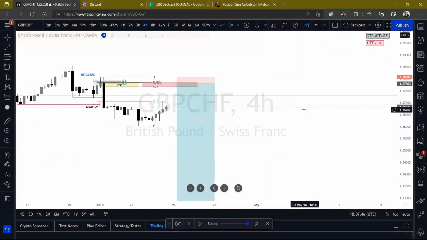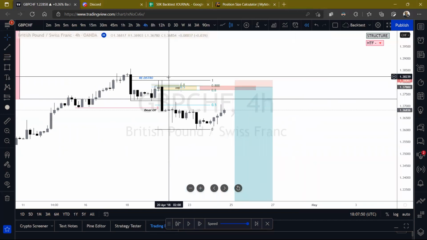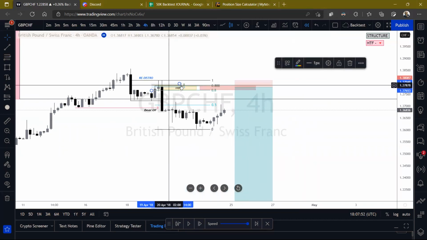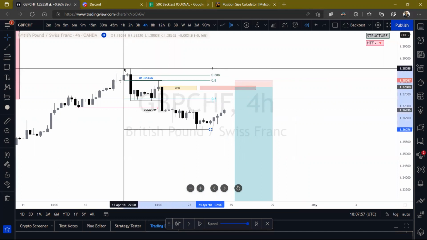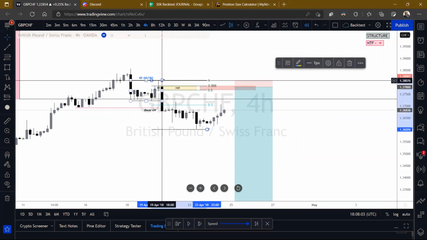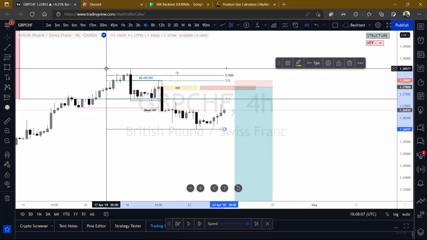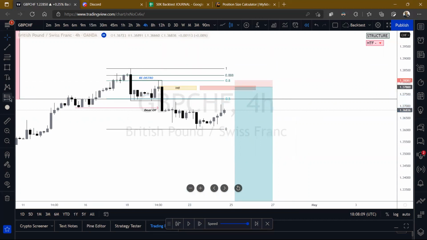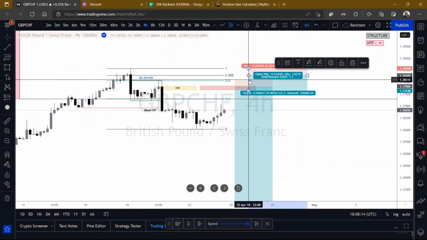But we're not done with this yet. This is our point of interest number one. This is going to be half risk. We've also got this area up in here as our extreme.